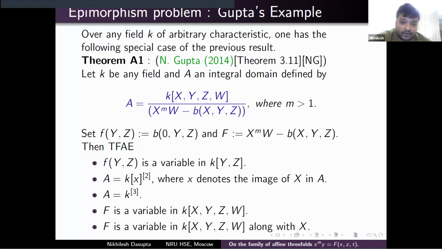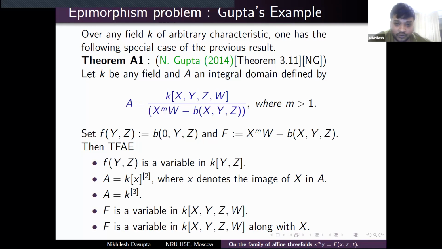If this small f is a variable in K[y,z], then A is actually a K^3, A is a polynomial algebra over K[x], so x is one of the variables. F is a variable in K[x,y,z,w], and F is a variable in K[x,y,z,w] along with x. All these conditions are equivalent.